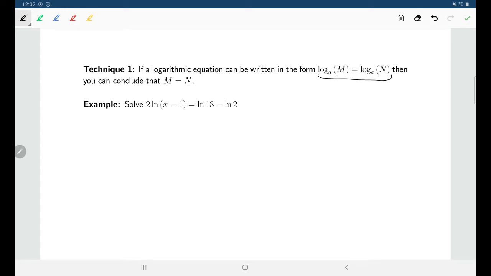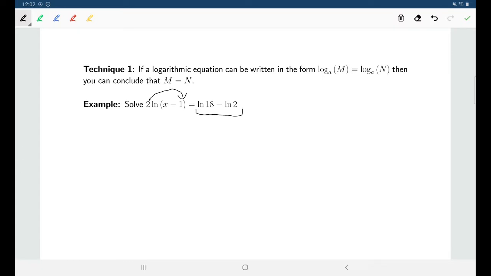If you notice here, we've got on the right side not just one log, we've got a difference of logs. And on the left side, we don't have a single log, we have a log times 2. But I know that one thing I can do, of course, with the 2 is to bring it up as a power, and that these two logs could be combined together using my log properties.